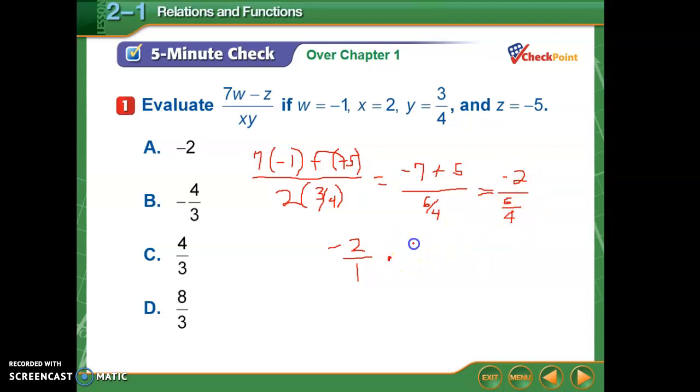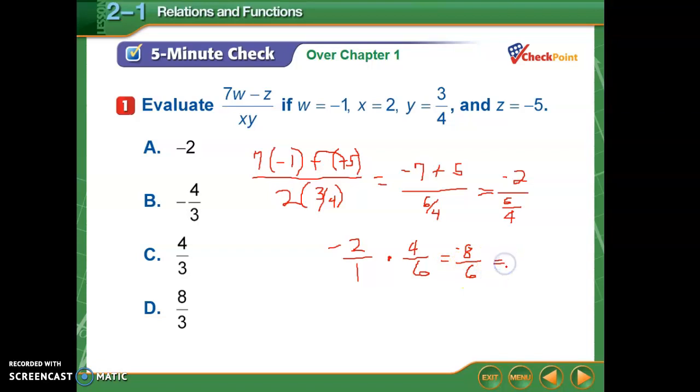We're going to flip it, 4 over 6, and proceed to multiplication. So -2 times 4 gives us -8 over 1 times 6 is 6.